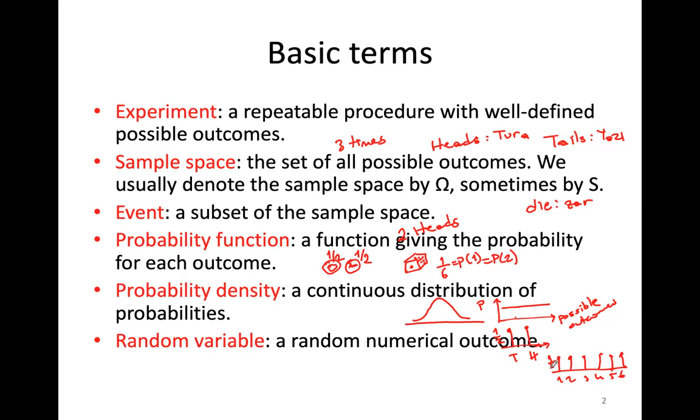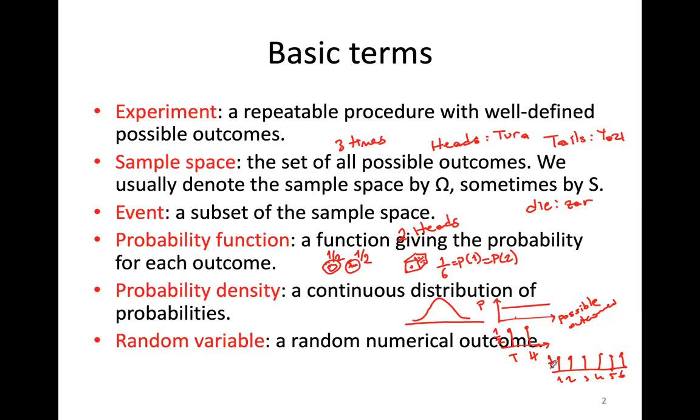A random numerical outcome is called a random variable. We will use this term very often, and it's a little bit tricky. Flipping a coin and getting heads or tails is not a random variable.